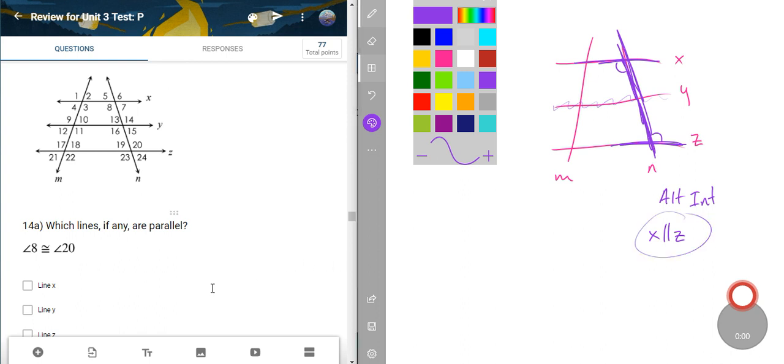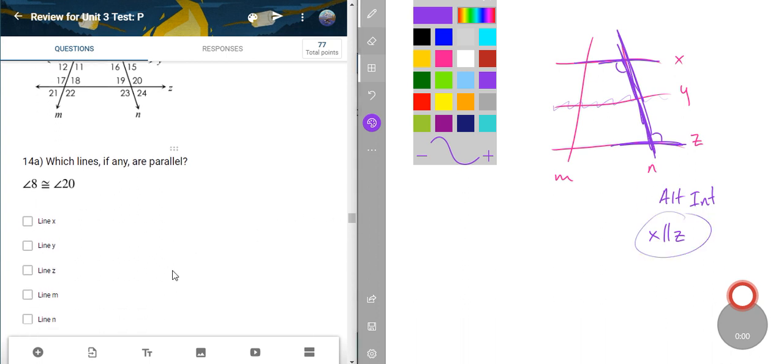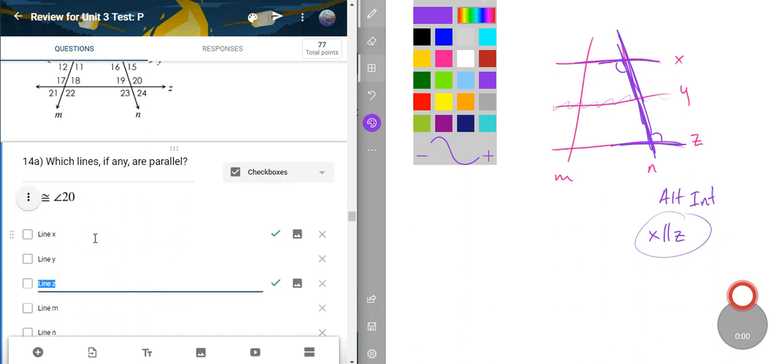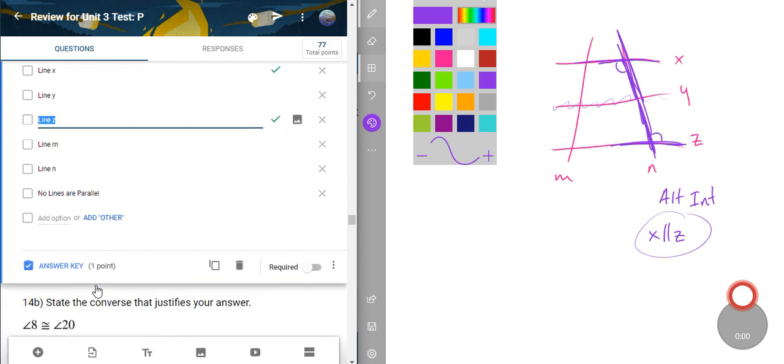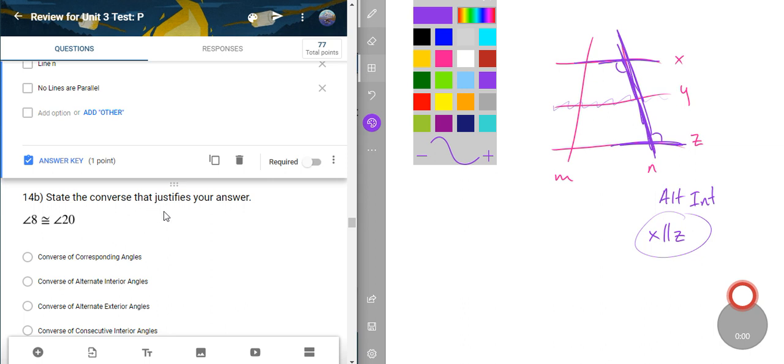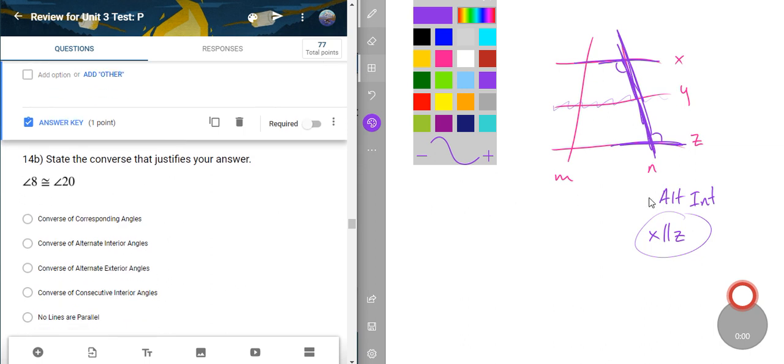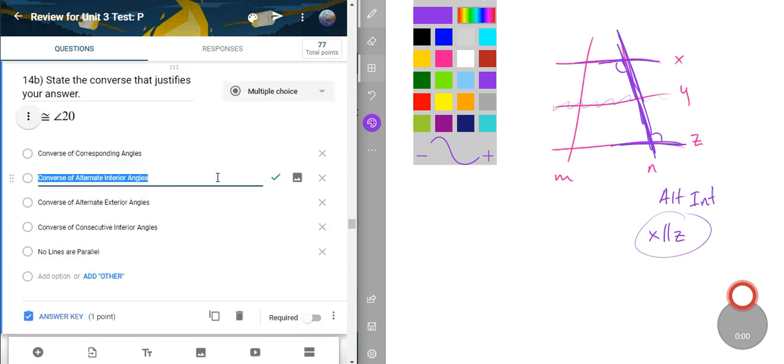So I would check mark my line X and my line Z, and those would be parallel. And then my justification for this is the converse to the alternate interior angles. I know that because if the lines are parallel, then the angles are congruent. So the converse statement is if the angles are congruent, then the lines are parallel.